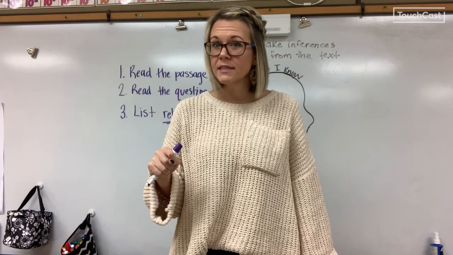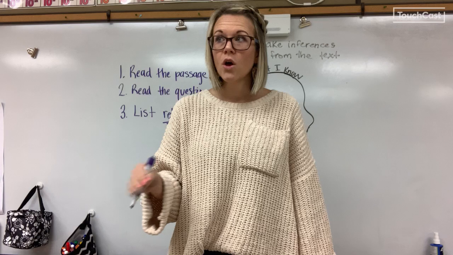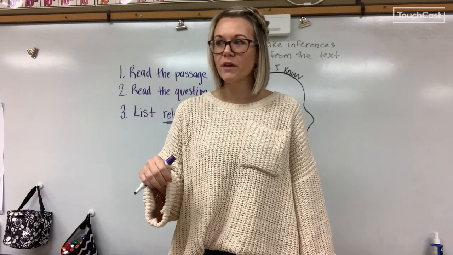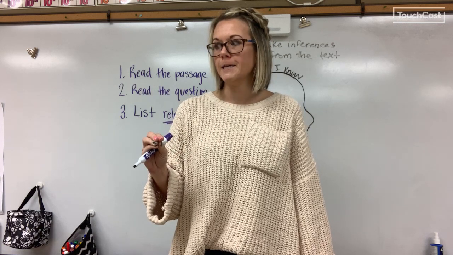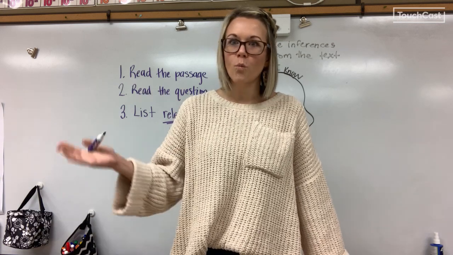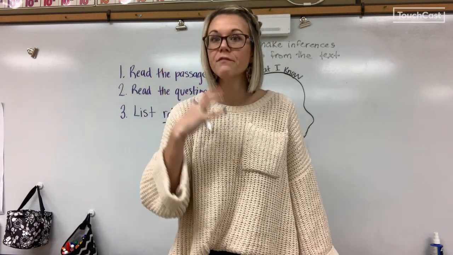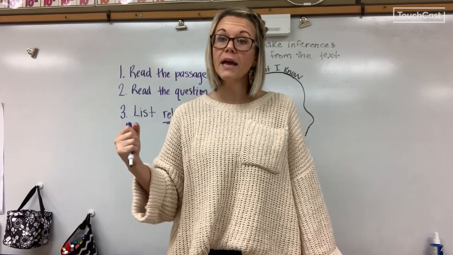You wouldn't list something about the weather, unless how they felt was related to the weather, or something about where they are, because that doesn't have anything to do with how they feel. You know how they feel based on how they look, what they say, their body language.